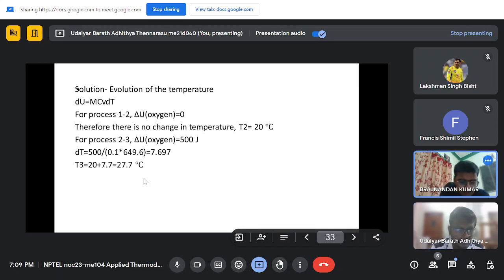Hello, sir. Isn't it that in the second process, heat will dissipate into the surroundings? See, how will it dissipate? You're assuming it to be insulated, and the vessel is rigid. It's not deforming. In what form could the energy dissipate?